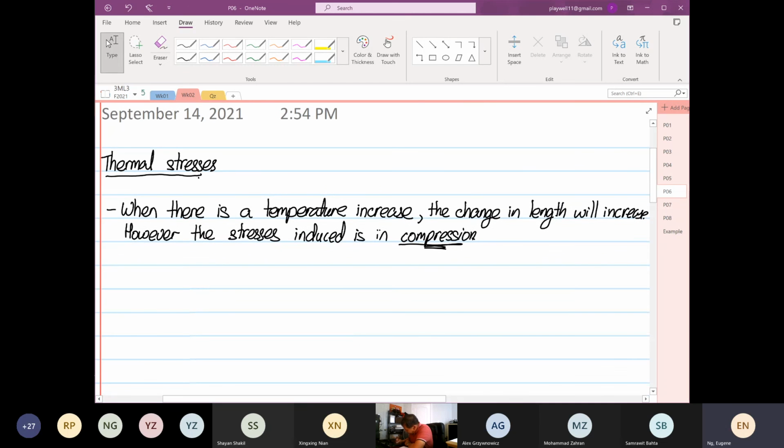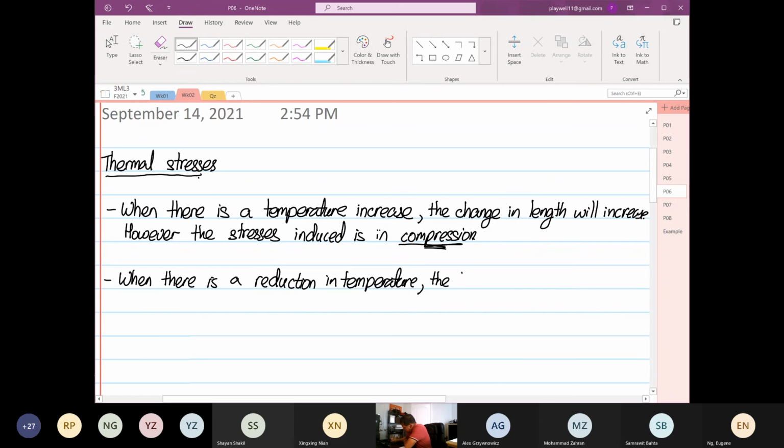And likewise, when there is a reduction in temperature, the length will decrease, resulting in tensile stresses.